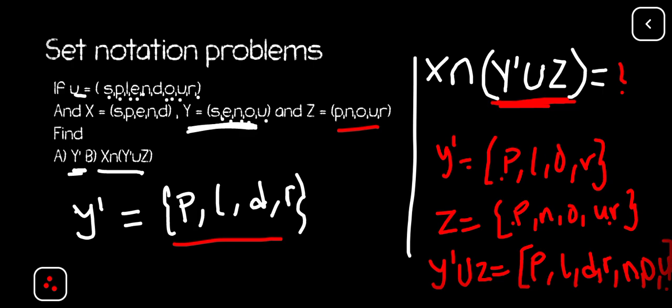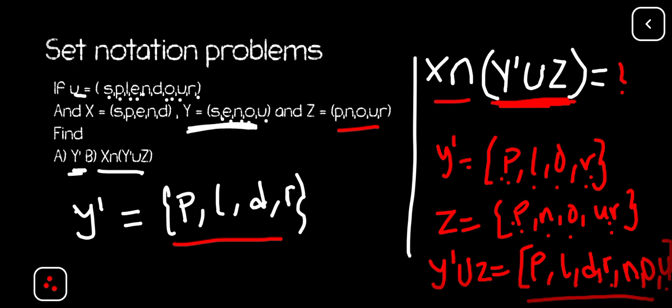If we merge the two of them together, you see we started with P, L, D, R. Then we're not repeating P again from Z. We just brought out N, then O, then U, and we're not repeating R again because we already have it here. So this is Y complement union Z: P L D R N O U. We just worked on the brackets.